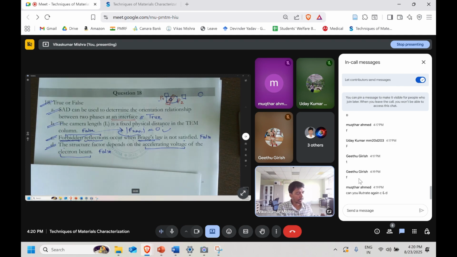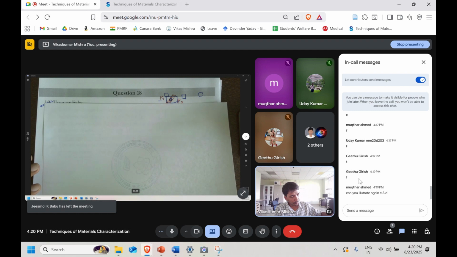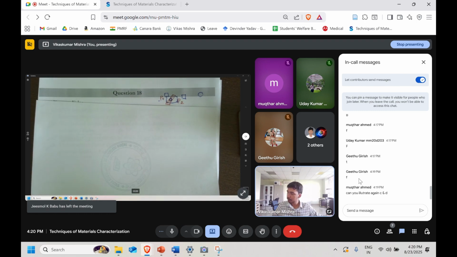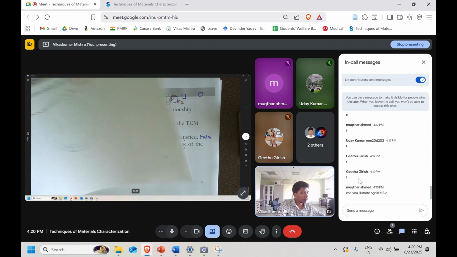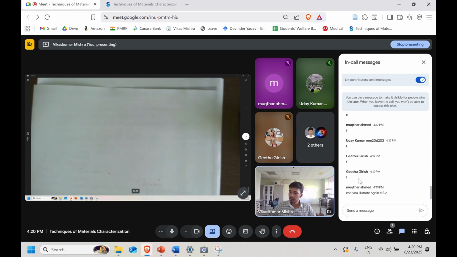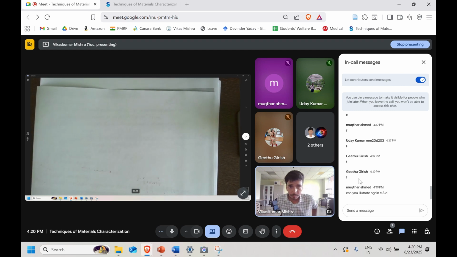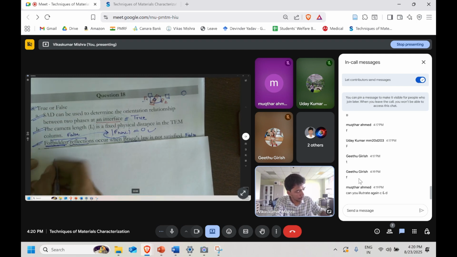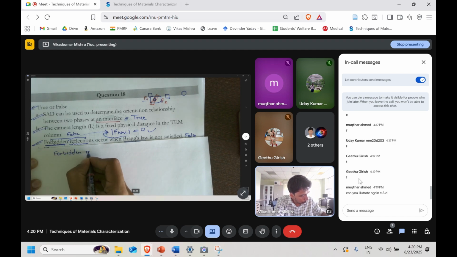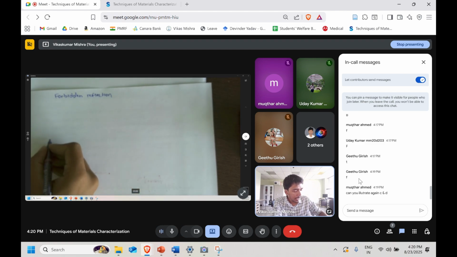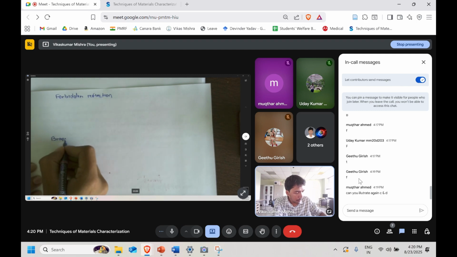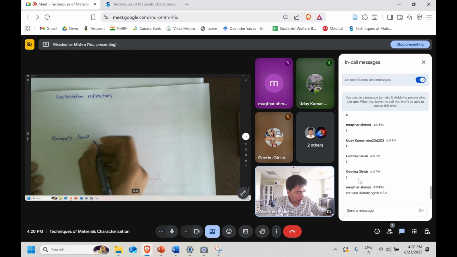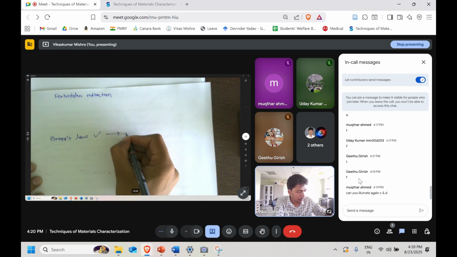Let's talk about C, forbidden reflection. See, if Bragg's law is satisfied, you will get the diffraction.